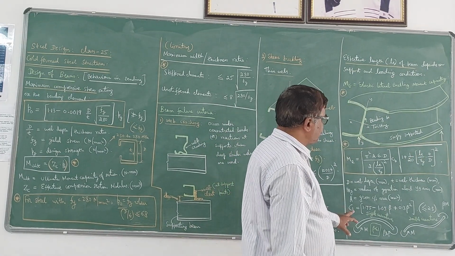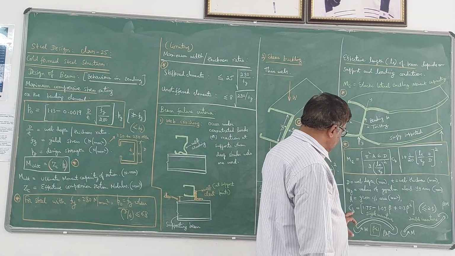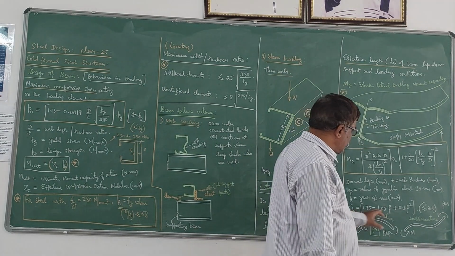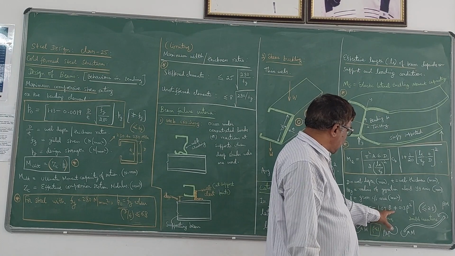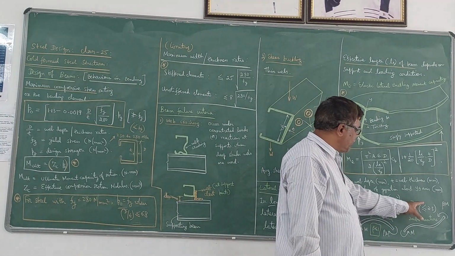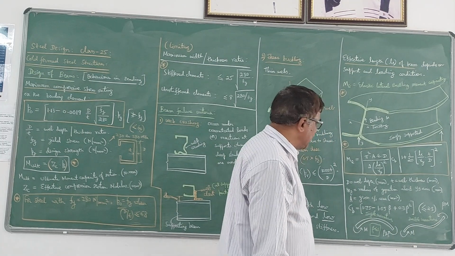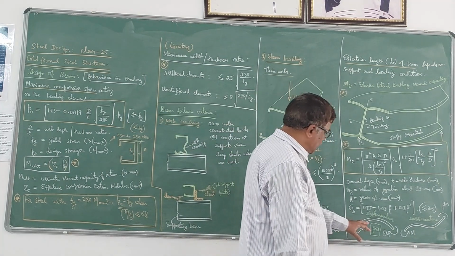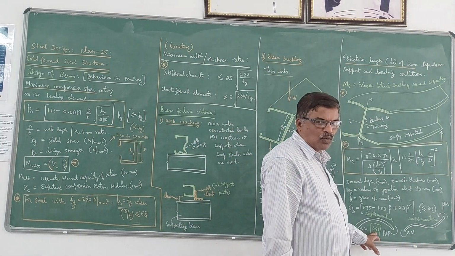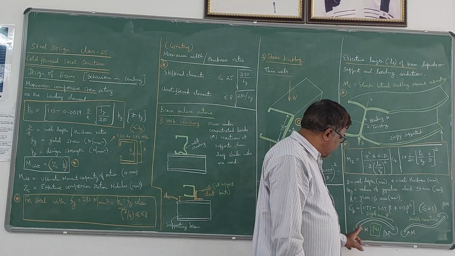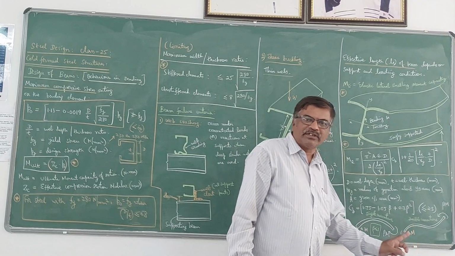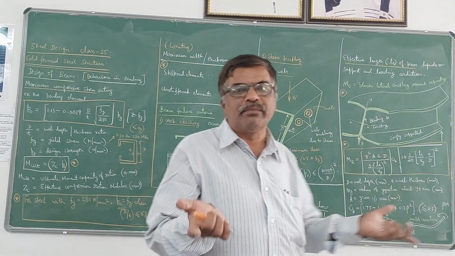And here Cb is one important parameter, which is given by the expression 1.75 minus 1.05 beta plus 0.3 beta square, which should be less than or equal to 2.3, where beta is always less than or equal to 1. Beta is the ratio of the smaller moment to the larger moment which acts at the ends of the beam.